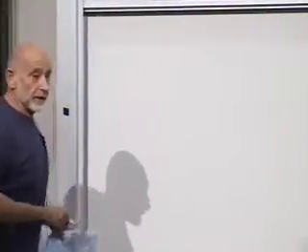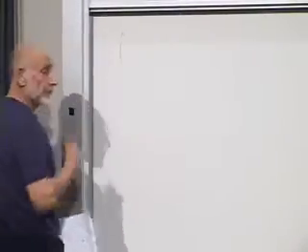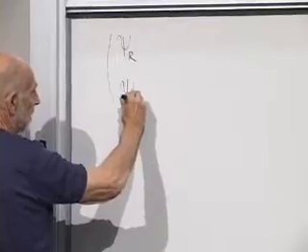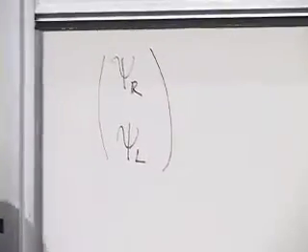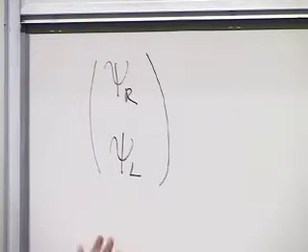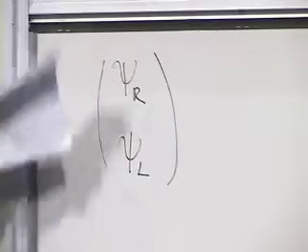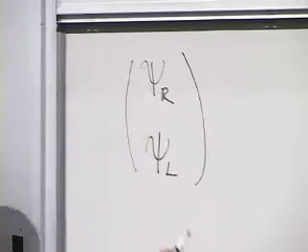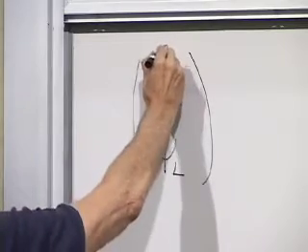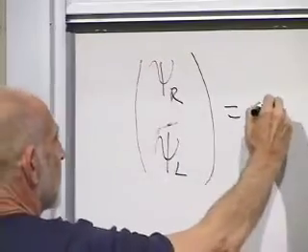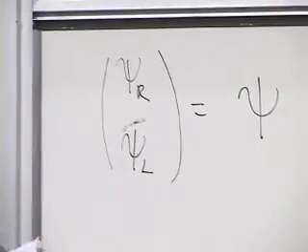Let's take psi right and psi left and put them together and make a column vector out of them. Now this is purely notation. There's no physics in it, but it's a notational trick which we'll use over and over again. And then rewrite this equation in the following way. Dot means time derivative. Well, first of all, let's call this psi. It's now just psi, but it's a column vector.